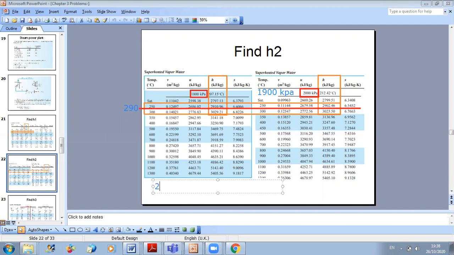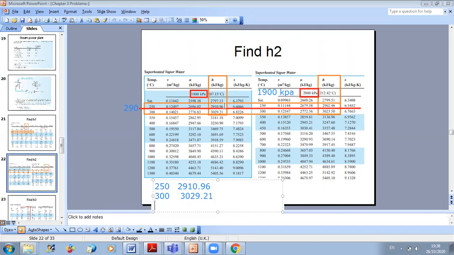At 250 it corresponds to 2910.96, and 300 corresponds to 3029.21.